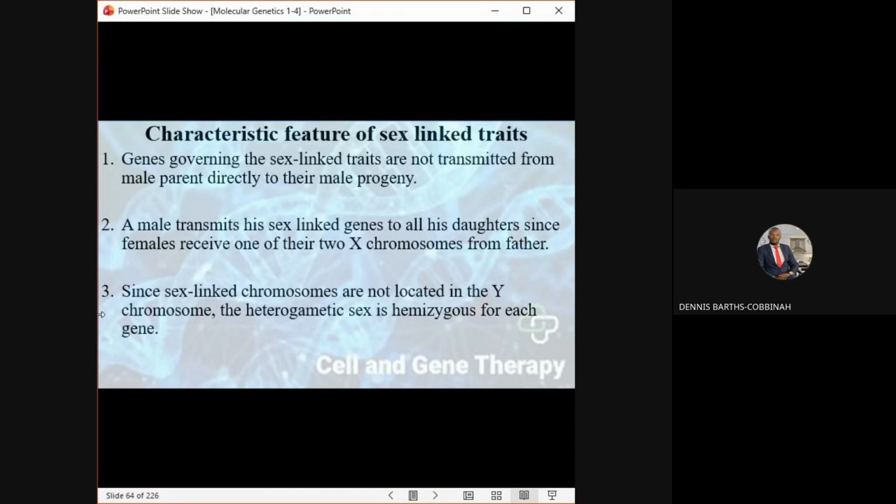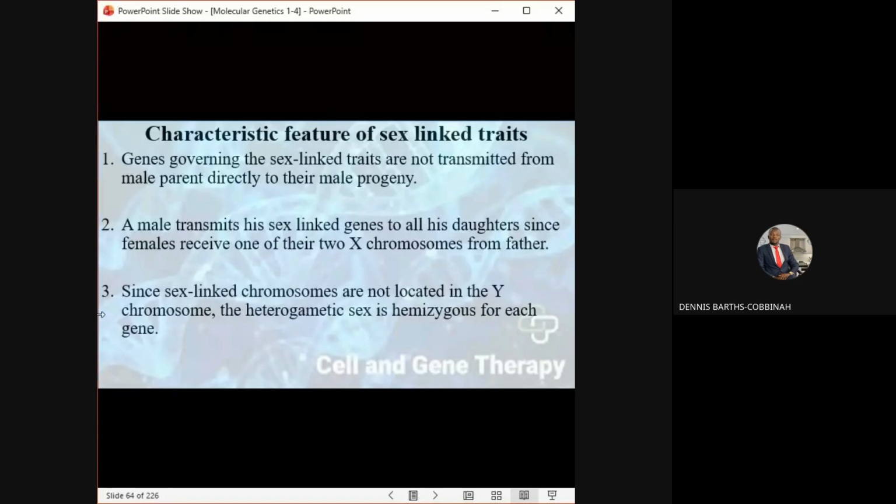So it's like the father will not transmit directly to the male child or male progeny, but it is rather his daughter who will transmit that defect gene on the X chromosome, which was given by the father, to the grandson.